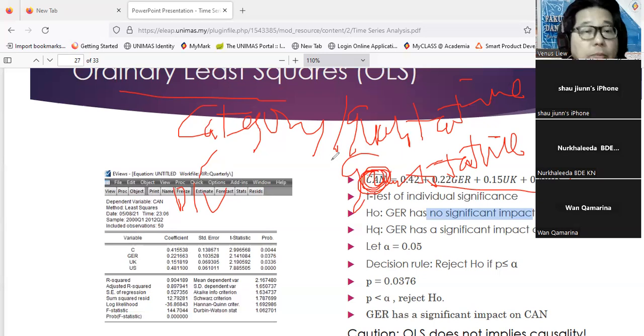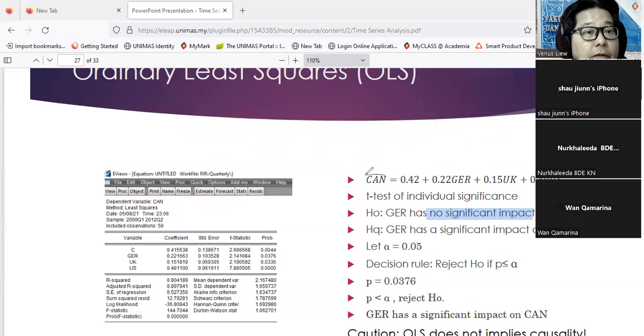Now, most of the time we do have our dependent variable, which is quantitative, and sometimes we have another variable, which is a category. For example, the COVID crisis.